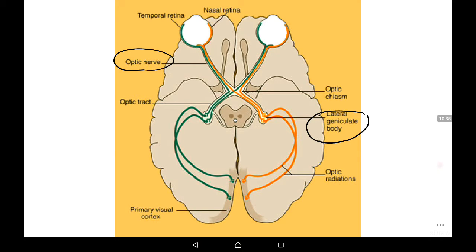This is the subcortical center of vision, and from here the axons of the thalamic neurons in the thalamocortical tract, in optic radiations, reach the primary visual cortex, the 17th field in the occipital brain cortex, where the image in our brain is developed.